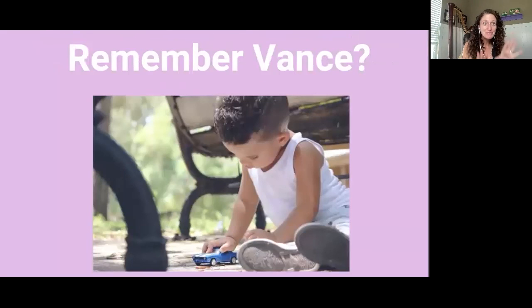So do you remember Vance, my client that I talked about at the beginning of our time here together today? I don't want your clients to have to wait until they are 5 or 6 or 7 or 18 to have a way to communicate with the world. I know that if we're in person together, this is a room full of BCBAs who want to make a difference in autistic children's lives by helping them communicate.